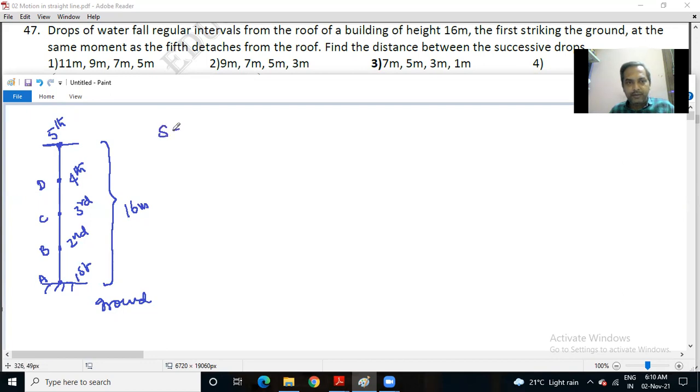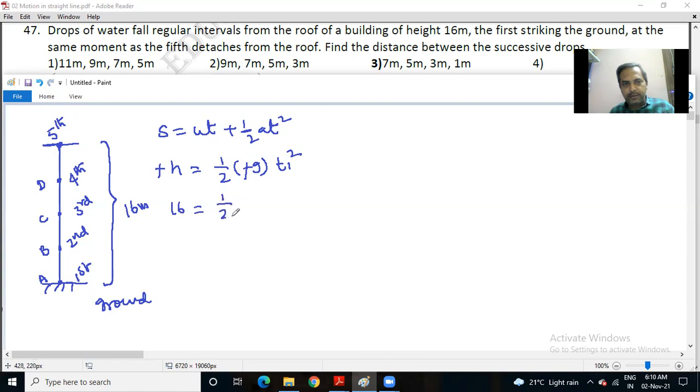So we have S equal to ut plus half at square. Make use of equations of motion under gravity. So this H will be minus H, S will be minus H. Freely falling means u is 0, half minus g, call it as first drop, T1 square. Now minus minus cancelled, so H, which is 16, is equal to half into 10, or you can continue to write g, T1 square.